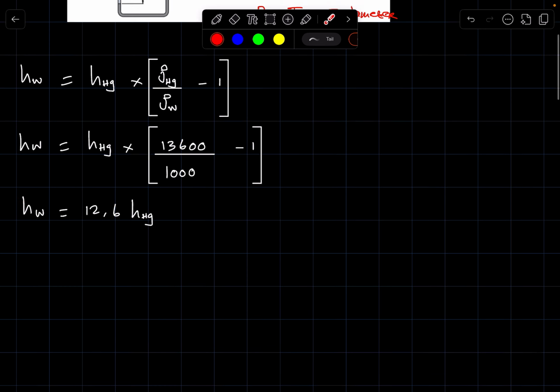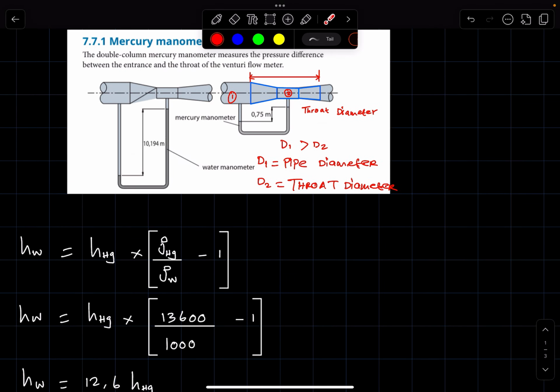Now, like I said here, the inlet of the fluid is on the pipe side, so D1 is the pipe diameter, and D2 will be the throat diameter, or the diameter of the throat of the Venturi meter.